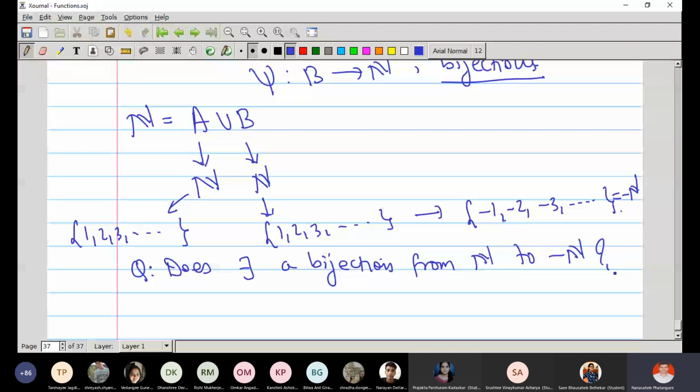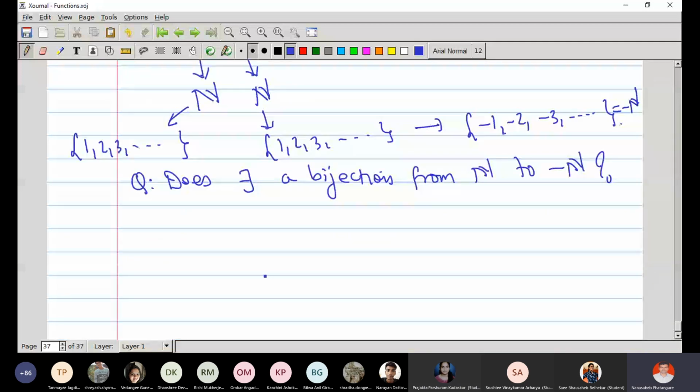What is your answer? Yes, sir. Just map 1 to minus 1, 2 to minus 2. So you can say eta from n to minus n, where eta of n is minus n. So eta is a bijection.